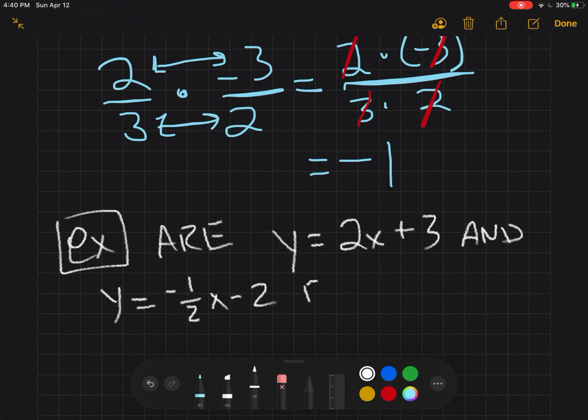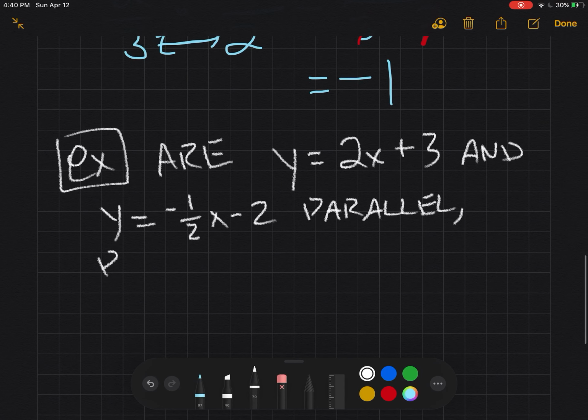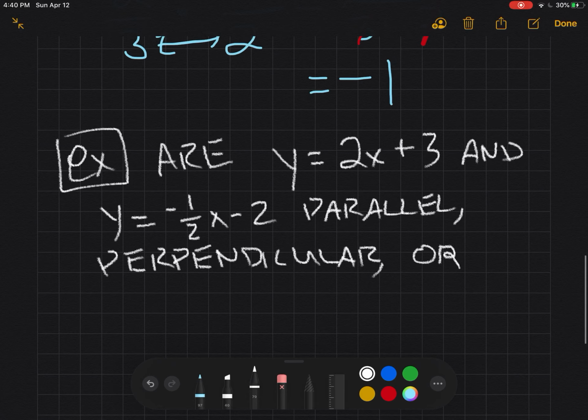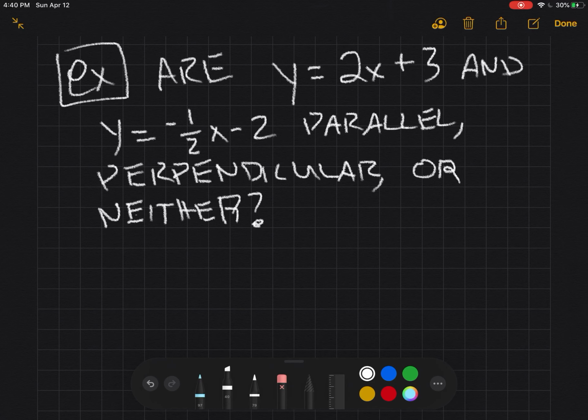So let's say we have y = 2x + 3 and y = -1/2 x - 2. Are they parallel, perpendicular, or neither?